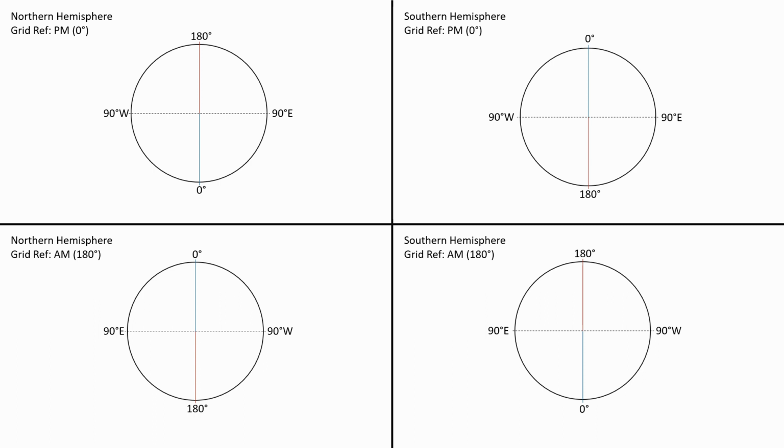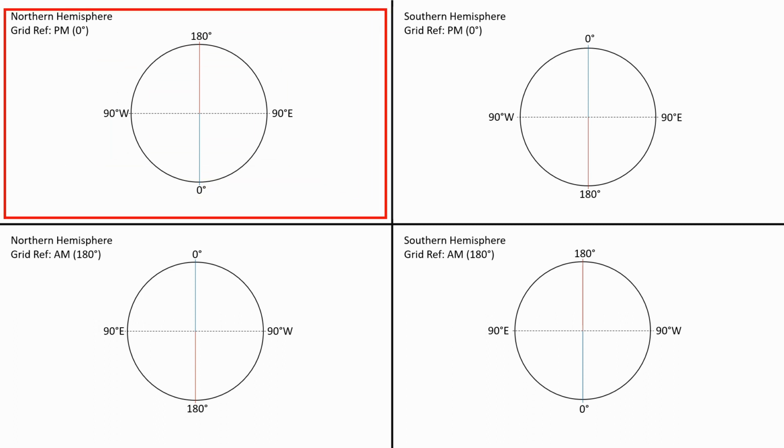The reason why we draw like this is to ensure that our grid north will always point to the top of the paper, or in this case, top of the screen. This question is referred to North Polar Stereographic Chart, whose grid is aligned with the Greenwich meridian. The figure that is highlighted in the red box is the one that we need to use to answer this question.